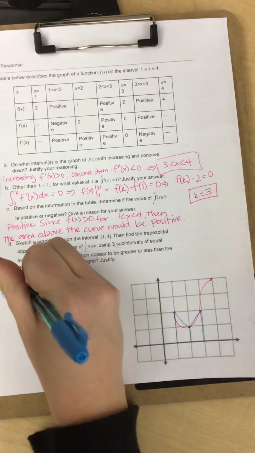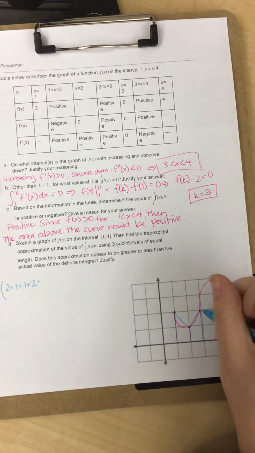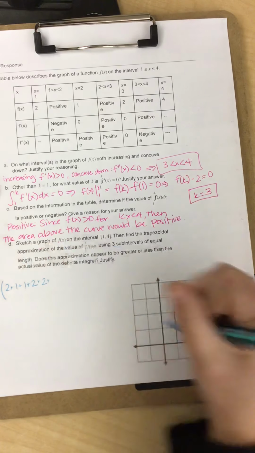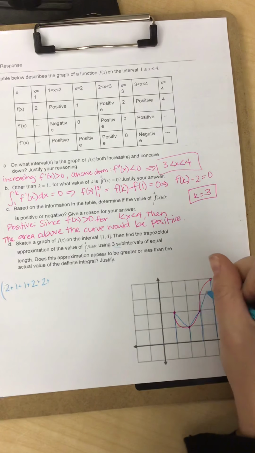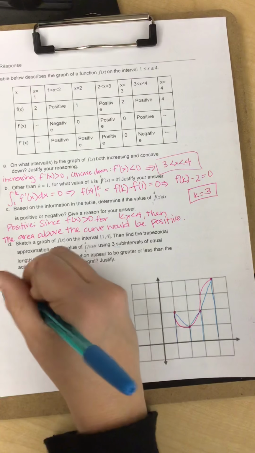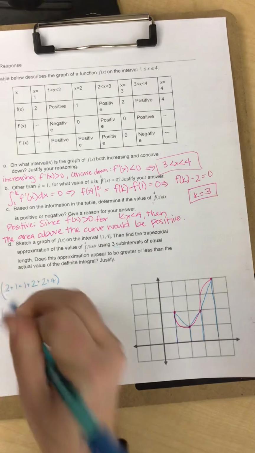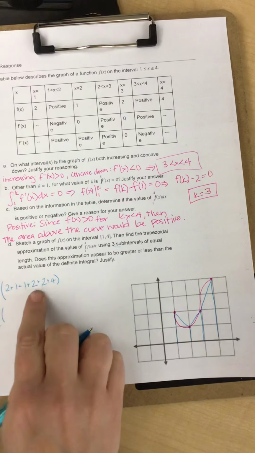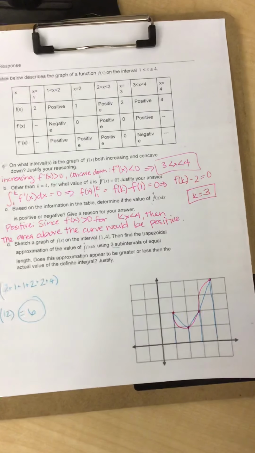Another trapezoid, 1 and 2. And the third one has a base of 2 and a base 2 of 4. So we have 1/2 on the outside. We add them up. 3, 4, 5, 6, 7, 8, 12. So you get 6.